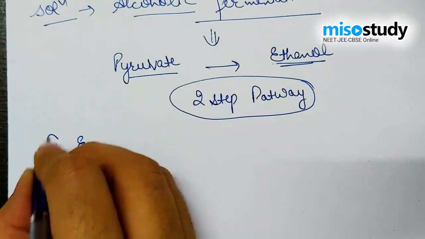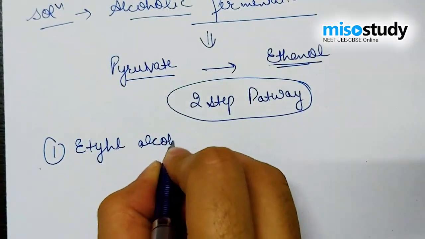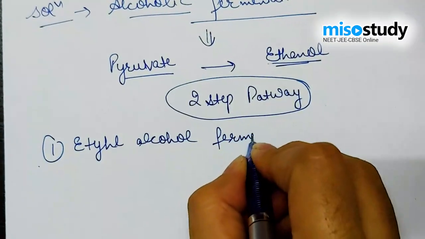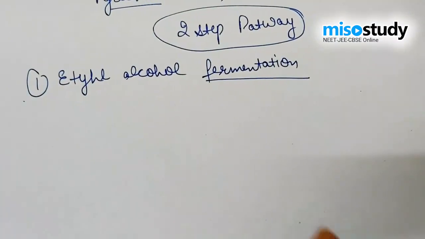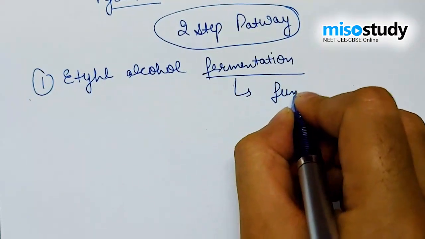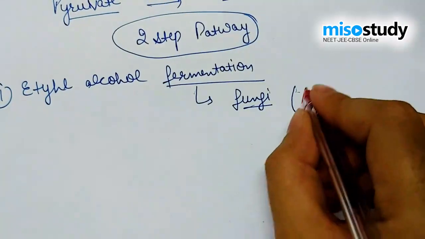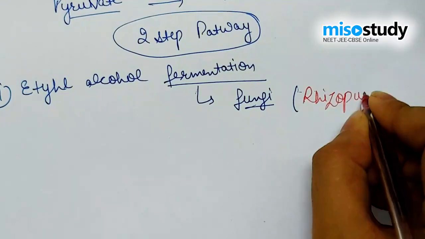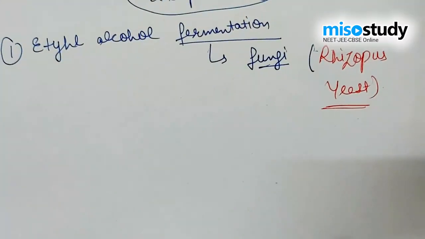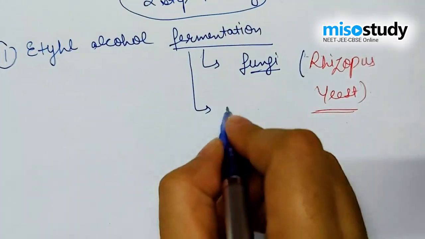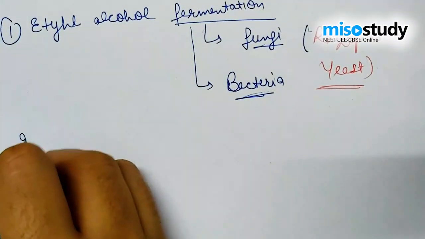Ethyl alcohol fermentation occurs in fungi, for example Rhizopus and yeast, and apart from fungi, it also occurs in some bacteria.